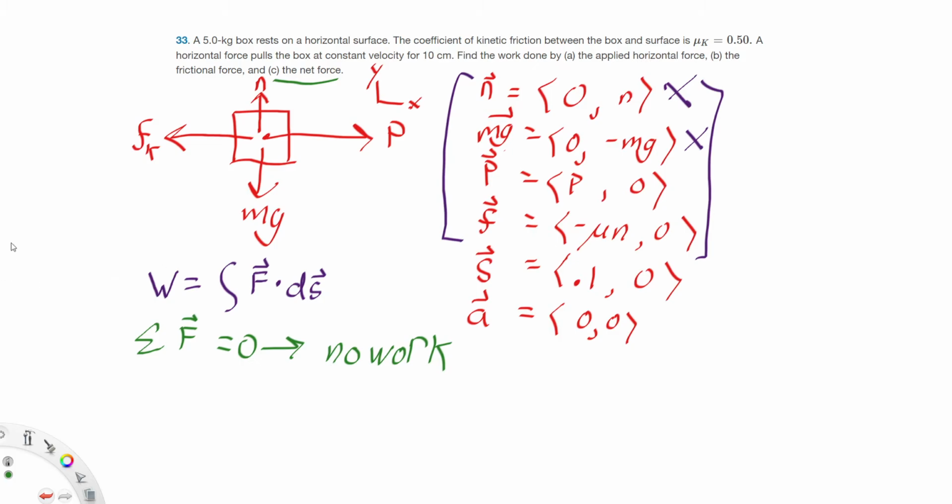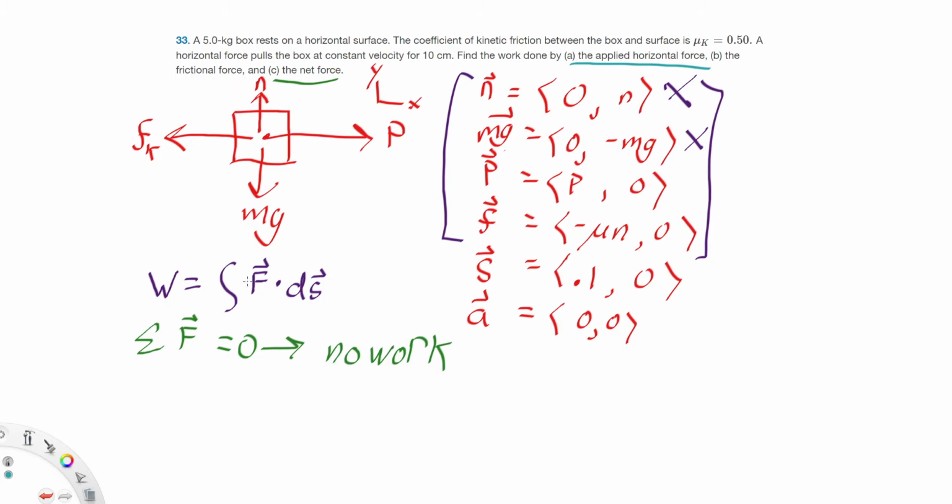All right. So let's get down to the pulling force and the frictional force then. So how much work is done by just the pulling force? Right, so here we've got a really simple case: a constant force, a force of constant magnitude.